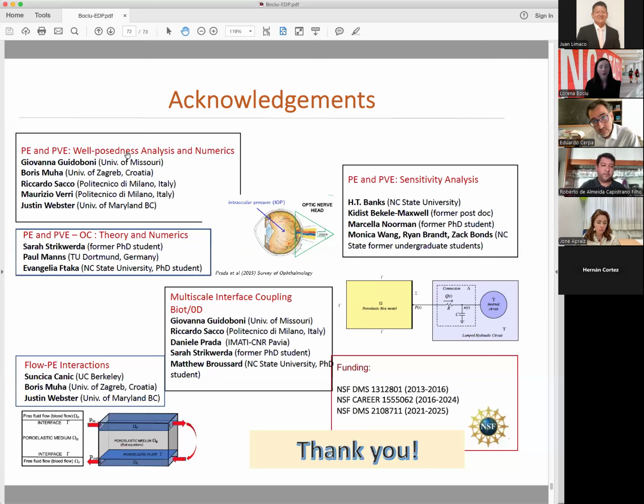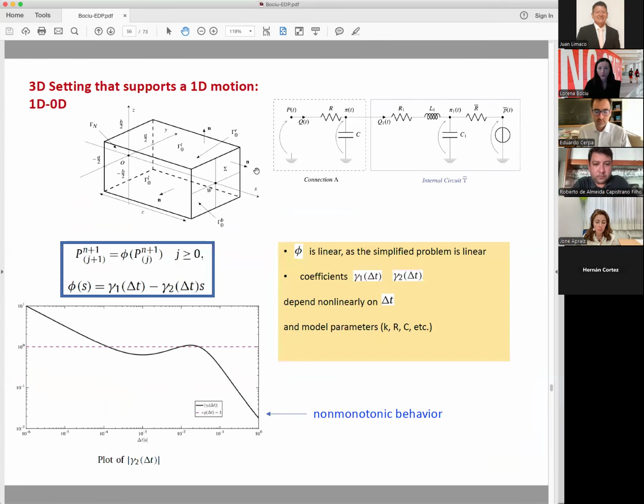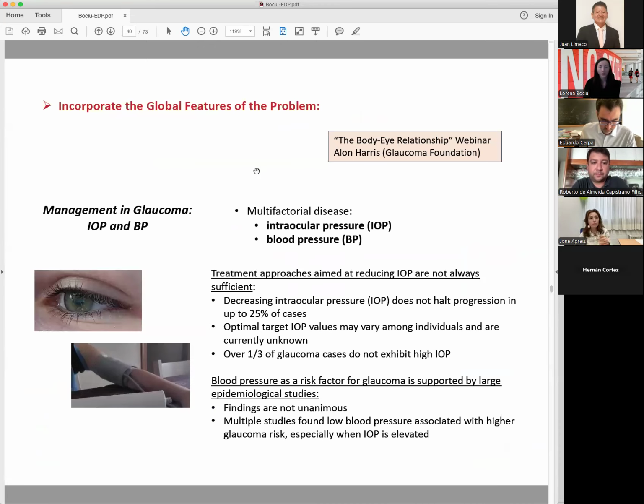Okay. Yeah, so I should have said, and I went a little bit fast, but I can go back to the slide. Here we go, right here. So one of my collaborators is Dr. Alon Harris. He is the director of the Glaucoma Foundation and professor at Mount Sinai Medical School in New York.